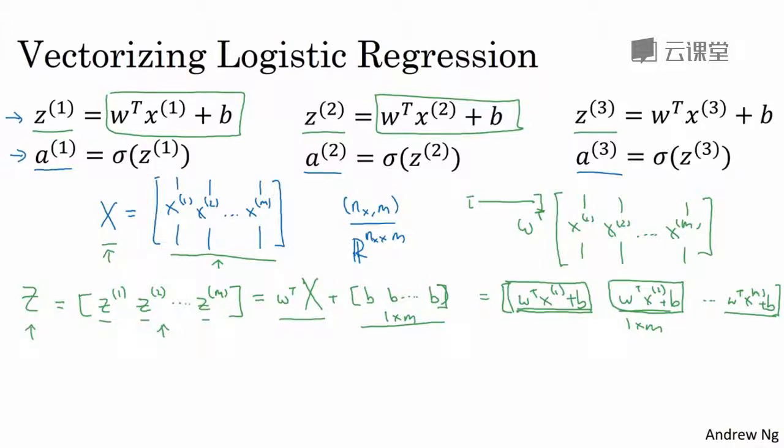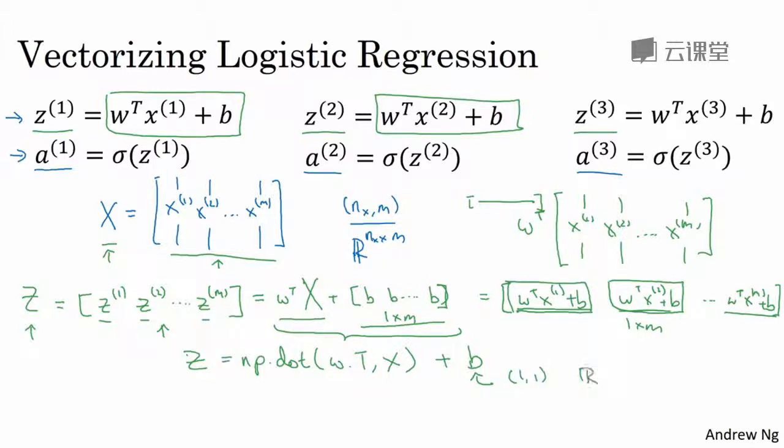And it turns out that in order to implement this, the NumPy command is capital Z equals np.dot(w.T, X), that's W transpose X, and then plus b. Now, there is a subtlety in Python, which is that here, b is a real number, or if you want, a 1-by-1 matrix.